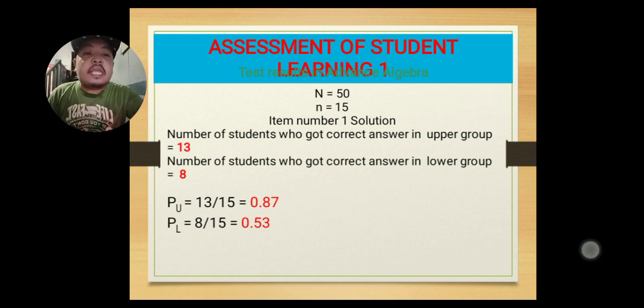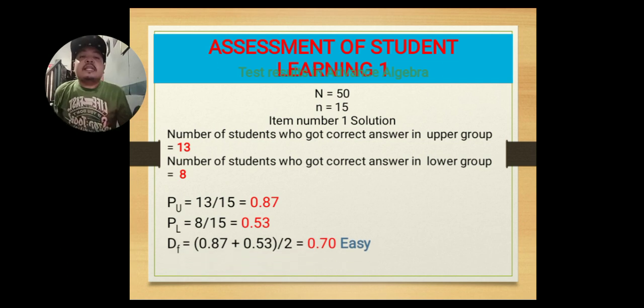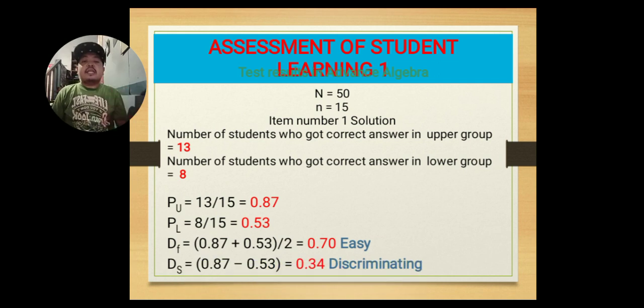Then, compute the DF, or the index of difficulty. 0.87 plus 0.53 all over 2 is equivalent to 0.70, and the verbal interpretation is easy. Next we have the discrimination index, P sub U minus P sub L. 0.87 minus 0.53 is equivalent to 0.34, and the verbal interpretation is discriminating.